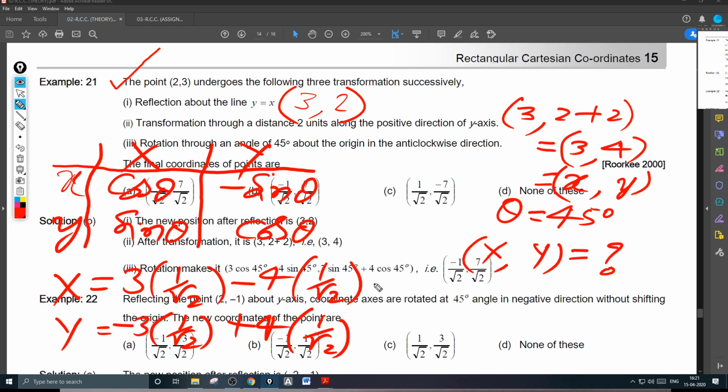So what should be our final answer? Minus x cos theta plus y sin theta. This is plus of it, correct. Minus 1 by root 2.